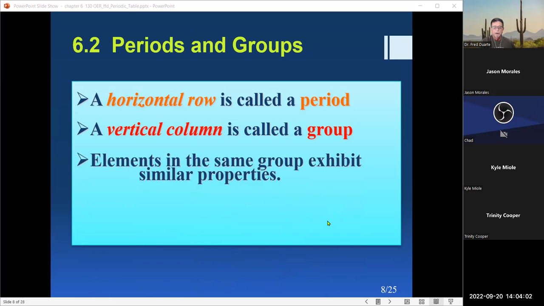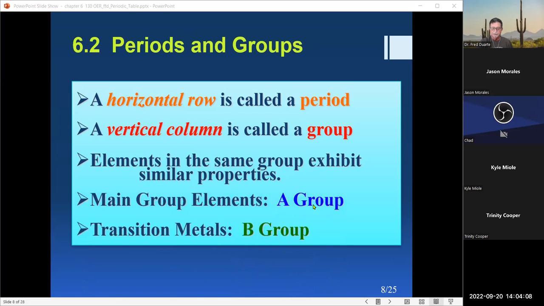Now, elements of the same group exhibit the same properties, obviously, because they have the same number of valence electrons. All the Roman numerals, what I've been calling the A elements, have a specific name called the main group elements, from Roman numeral 1A to Roman numeral 8A. The B groups, which is really the D block, are called transition metals.